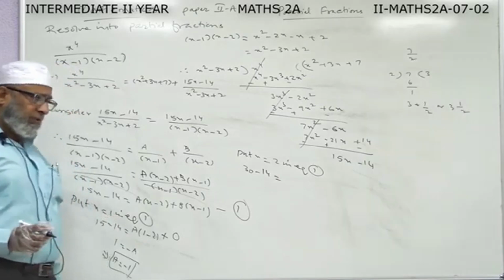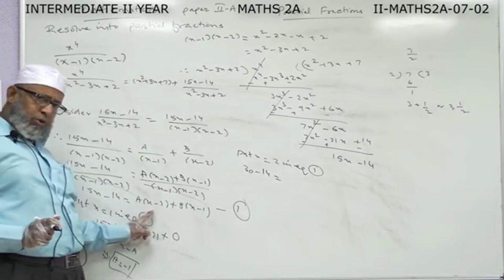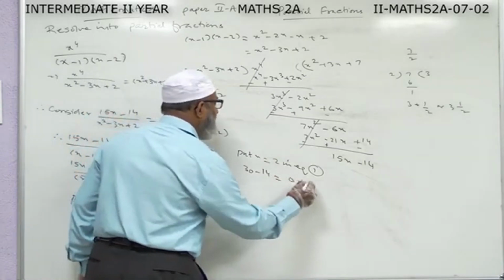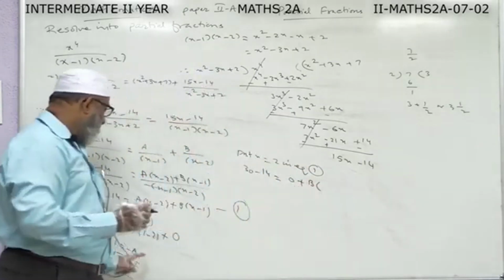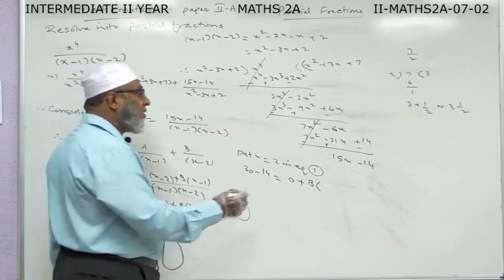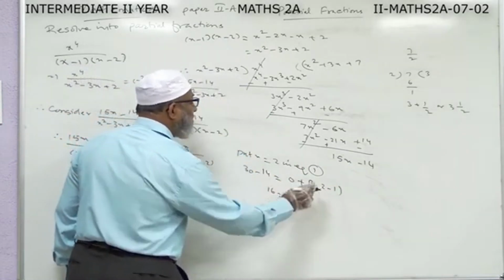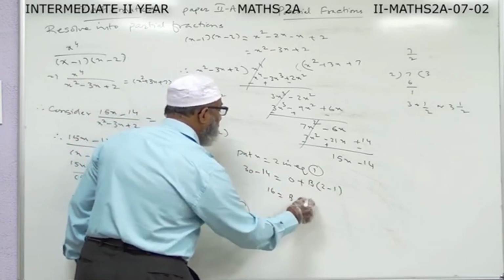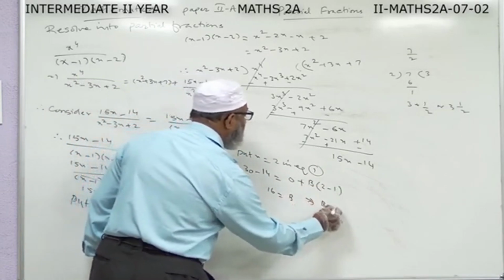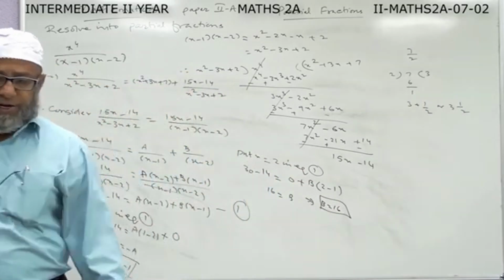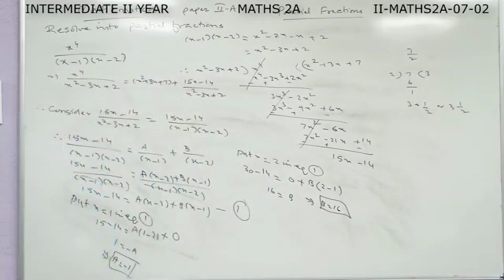On the right, if I substitute x equal to 2 here, 2 minus 2 is equal to 0, so this part will become 0, plus b into (2 minus 1). 2 minus 1 is 1. So 30 minus 14 is equal to 16, and 2 minus 1 is 1, equal to b. So it means that b is equal to 16. So I got the values of a and b: b is equal to 16 and a is equal to minus 1.